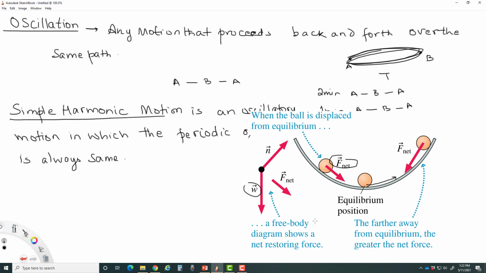And this kind of simple harmonic motion, or any kind of simple harmonic motion, can be described by a sine wave that you have already seen in lab.